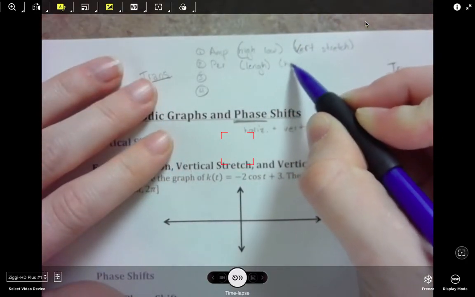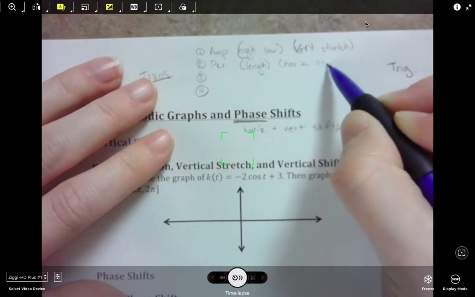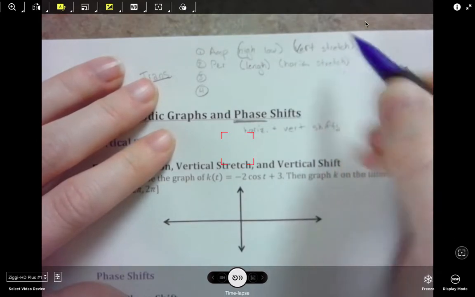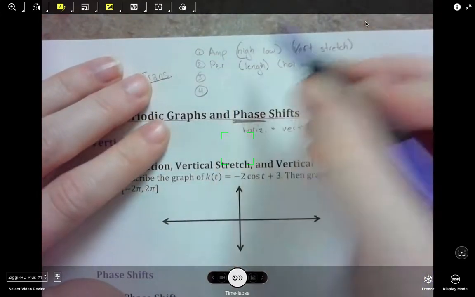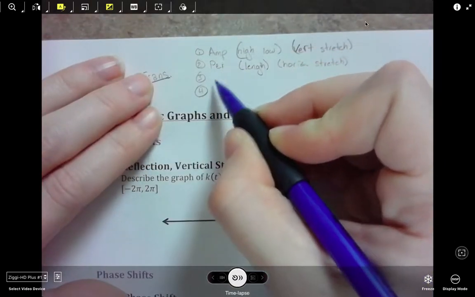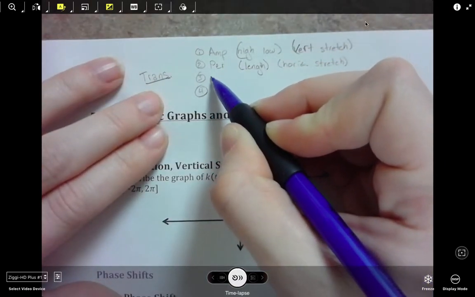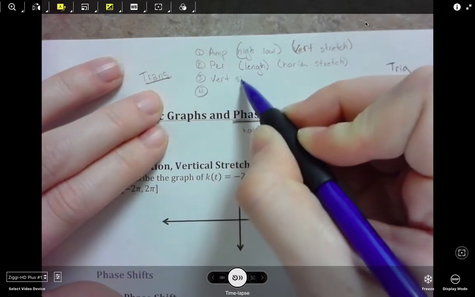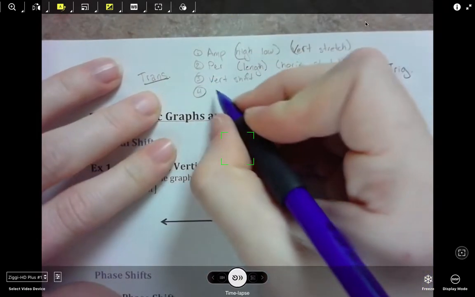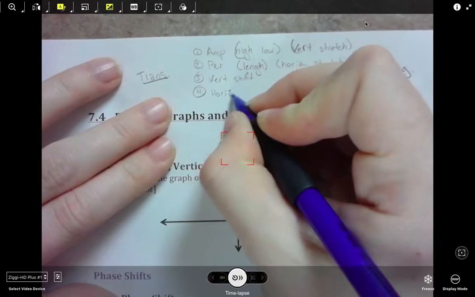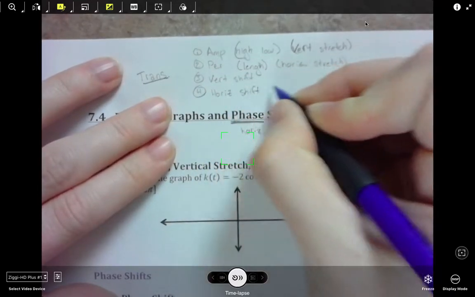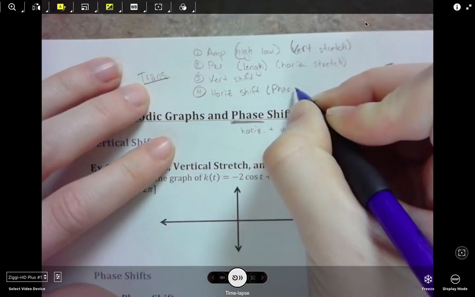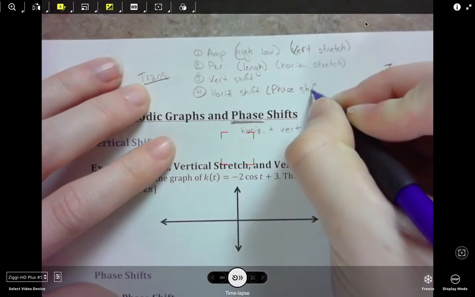That's kind of like a horizontal stretch or compression. And then the last ones are vertical shift and horizontal shift, which they will call phase shift a lot of times.